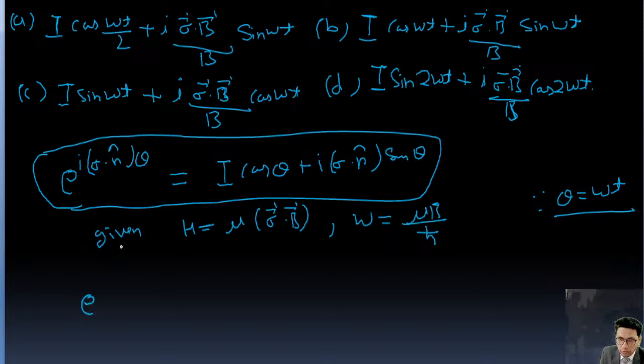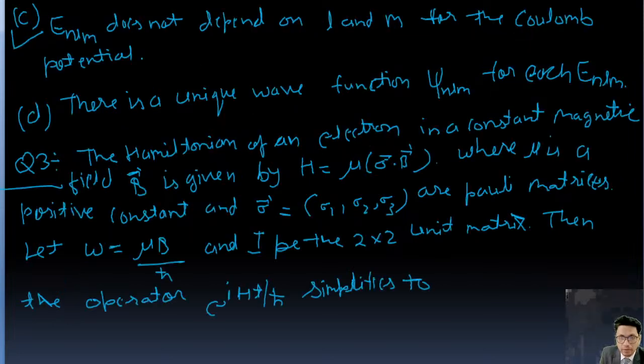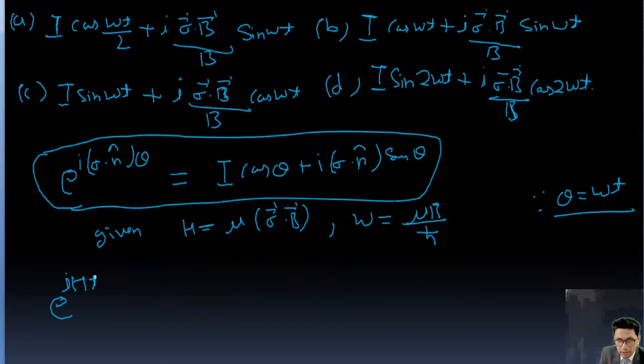We have to find the value of e to the power iota Ht upon h cut, where H is the Hamiltonian. We'll convert this form into the formula form, and then apply the formula, and easily this question will get solved.